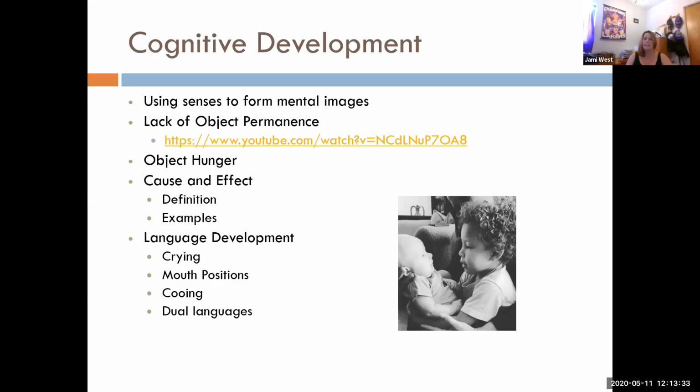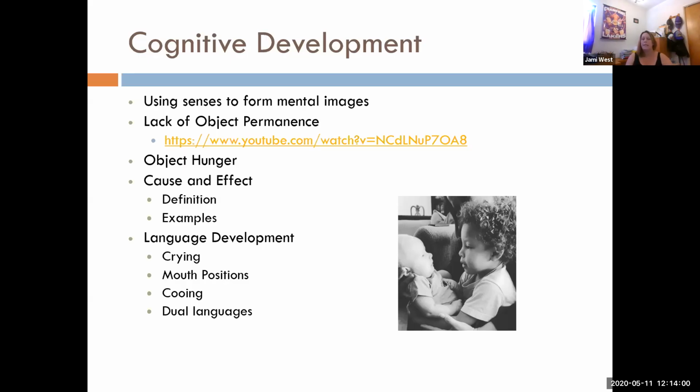Now, 0 to 6 months, infants have a lack of what's called object permanence. I'm not going to show the video, but I do encourage you to watch it, and it will be necessary next week when we assign the observation. You will want to really understand object permanence.